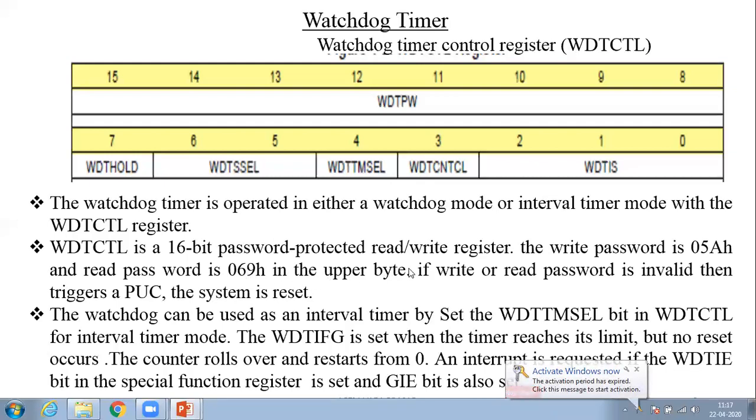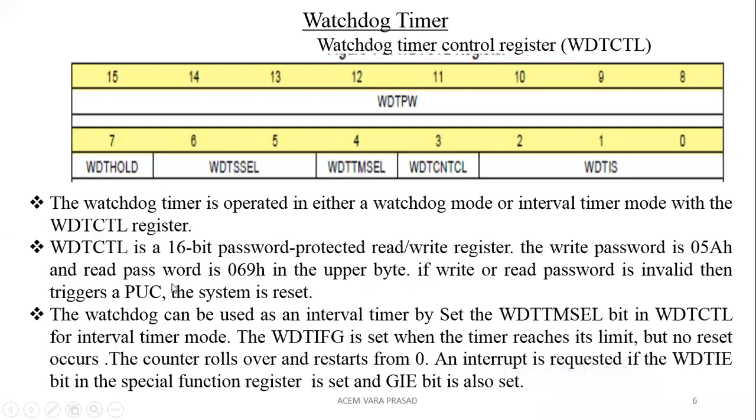If these passwords are entered wrongly or are invalid, then automatically, as we have already studied, the PUC, power up clear, will reset the system. If you are not using the watchdog timer, at that time you can use it as an interval timer.